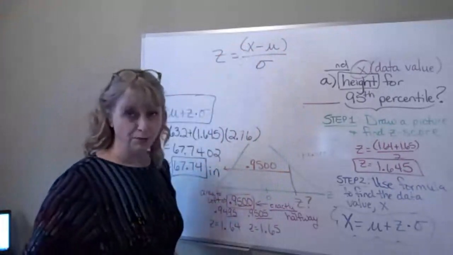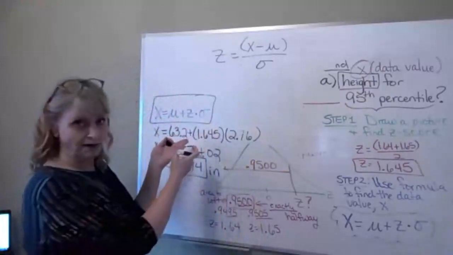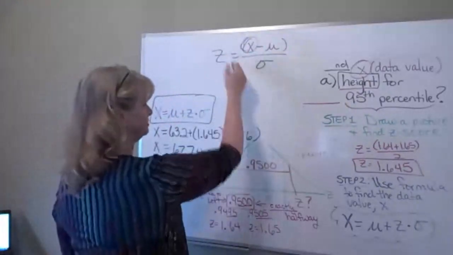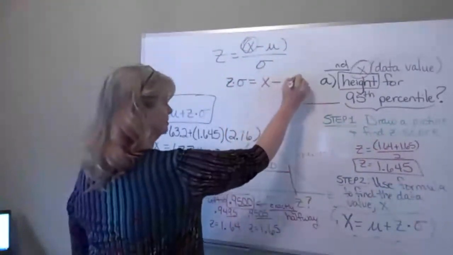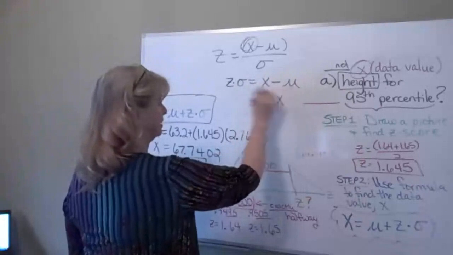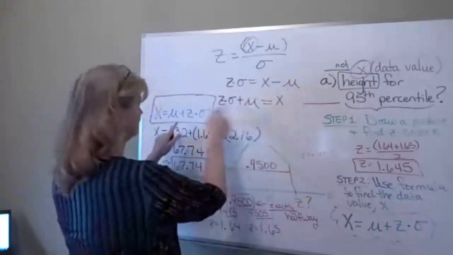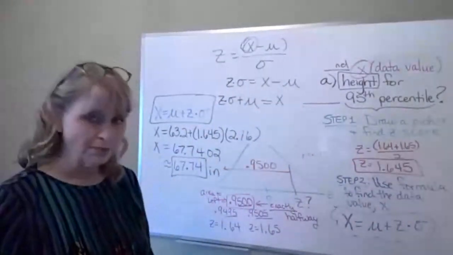That involves algebra. You don't have to do the algebra because I'm giving you this formula that's already solved for you. But if I wanted to get x by itself, I would multiply both sides by sigma. And then to get x by itself, I would add mu. And that's the same thing as this. So it's really the same formula we were using before.